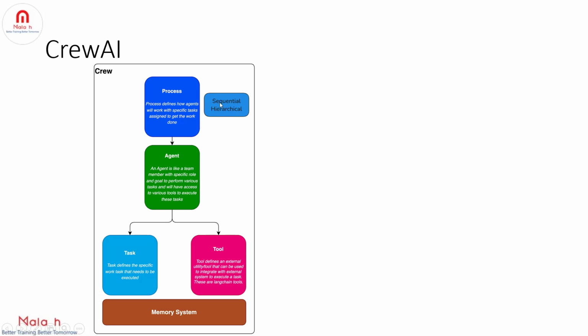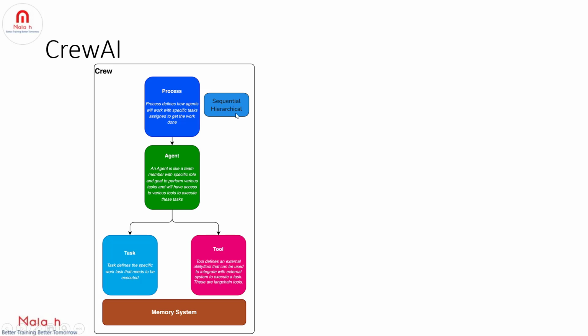And this sequential strategy executes the given tasks in sequence and in a particular defined order, right? And this sequential strategy is ideal for any pipeline type of work where each agent performs a specific task and passes it to the next agent. And you will understand better when we implement the project, right?